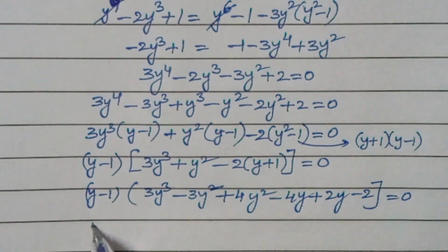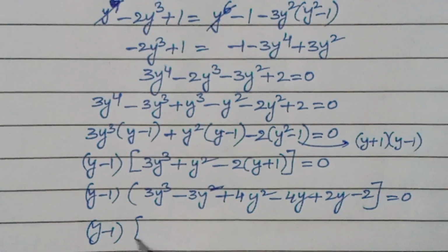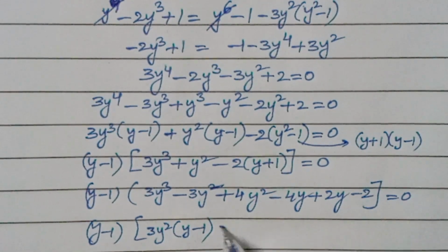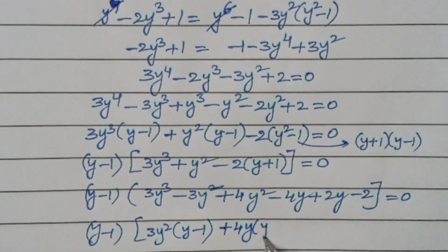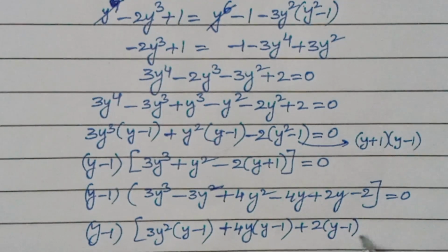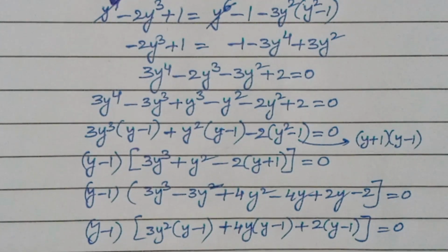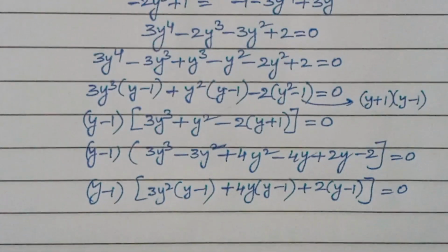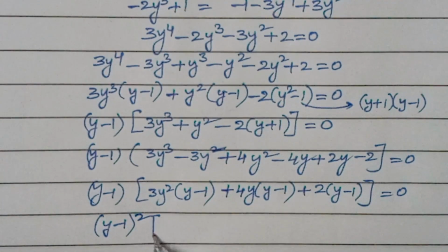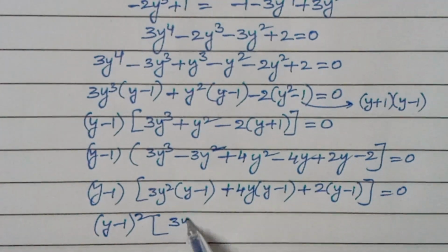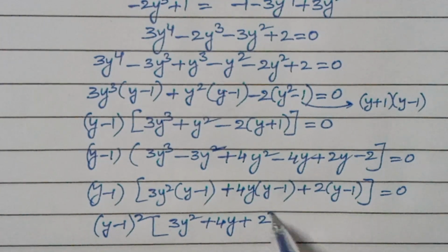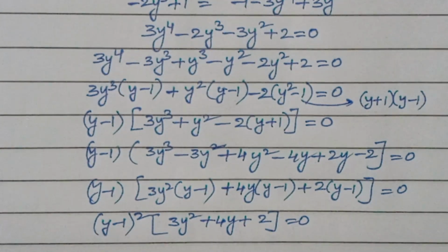So here you'll get y minus 1 into 3y square common, y minus 1 plus 4y common, y minus 1, plus 2 into y minus 1 equal to 0. So here you can take y minus 1 common. So you'll get y minus 1 whole square into 3y square plus 4y plus 2 equal to 0.